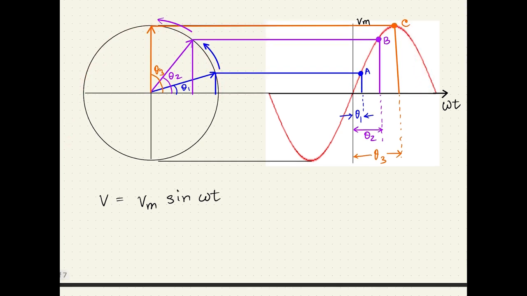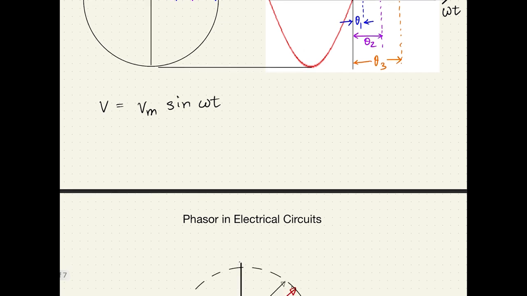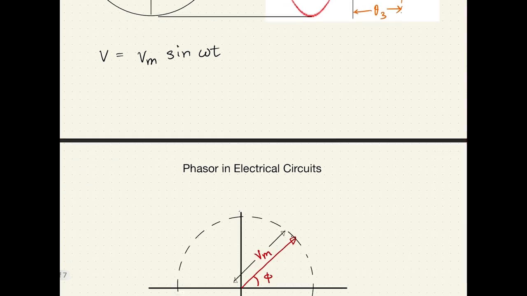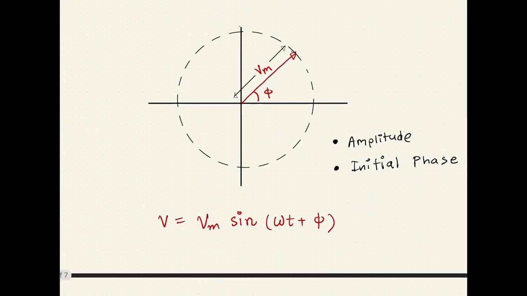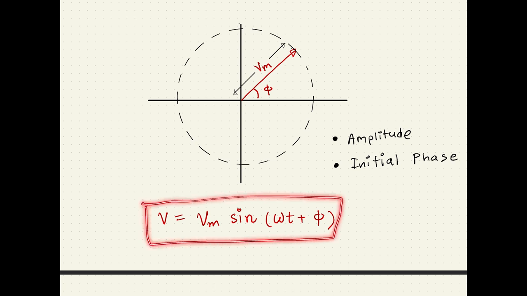So now that we have understood the concept of a phasor, we will see how this concept is used to express currents and voltages in an AC circuit. In AC circuits, let's denote a sinusoidal voltage as V equals Vm sine omega t plus phi, where Vm is the peak value of the voltage and phi is the initial phase angle.